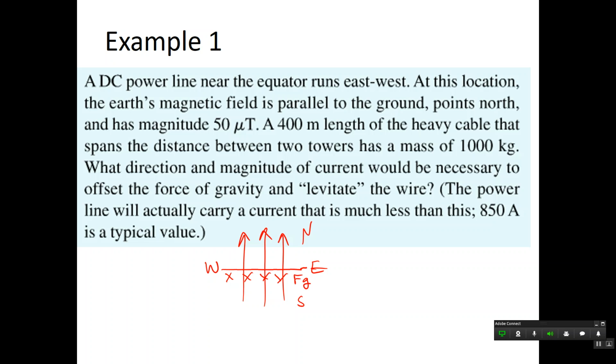And if I want to counteract that, if I want my wire to levitate, I need my force to come where? Out, right? So that means that my magnetic force is going to look like this, my Fm. And if my Fm and my Fg cancel each other out, what does that mean about this wire?